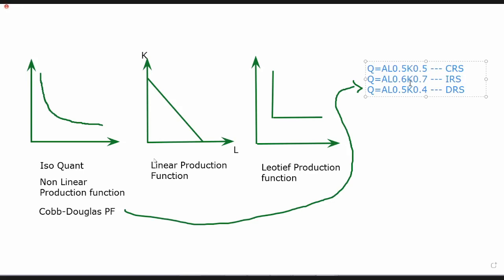When the efficiency of these two inputs, labor and capital, is more than 1, we identified it as increasing return to scale. If the efficiency is less than 1, we identified it as decreasing return to scale. This is the way to identify the returns to scale based on the Cobb-Douglas production function.